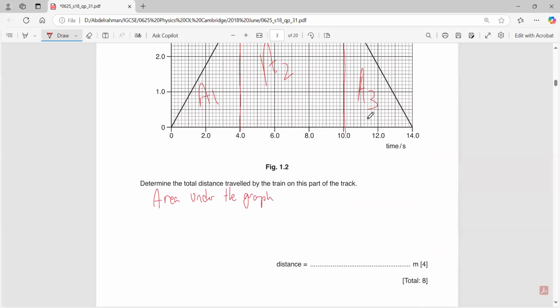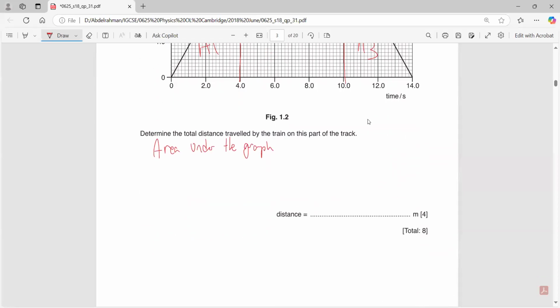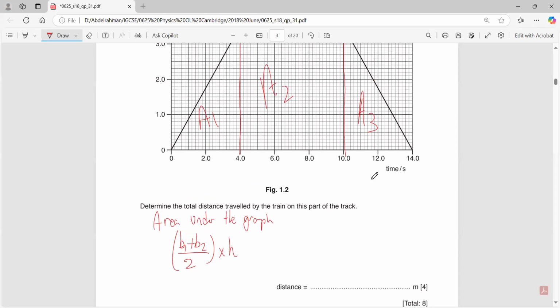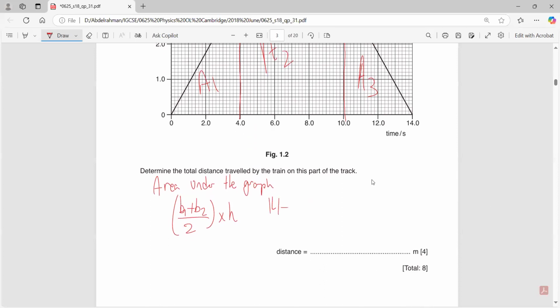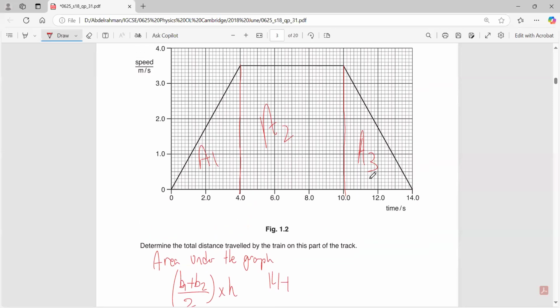How can I find the area of the trapezium, which was b1 plus b2 over 2 times the height. B1, base 1, was the larger base, which was 14. So 14 plus b2, the smaller base. It started at this point and it ended at this point, from 4 to 10, which is 6. So base 2 is 6.